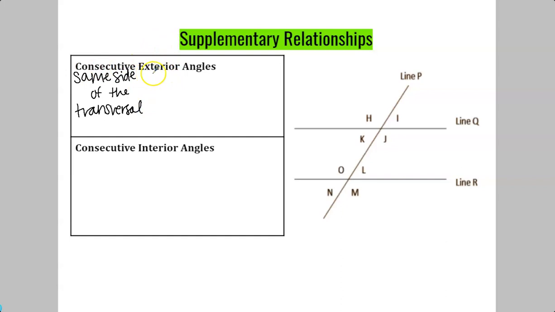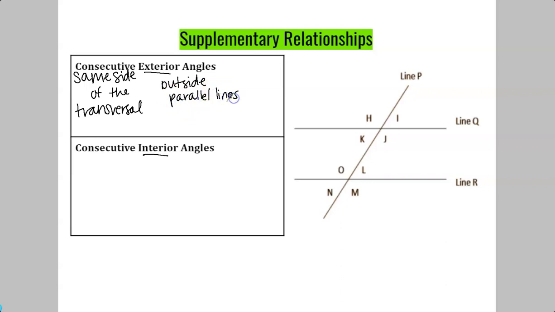We're still looking at the words exterior and interior, and we're still referring to either inside, excuse me, this one would be outside the parallel lines.